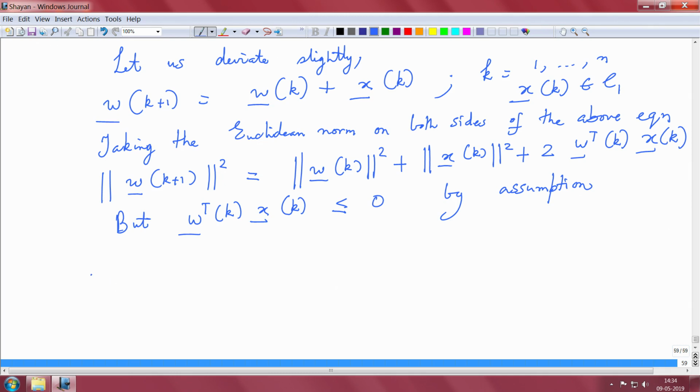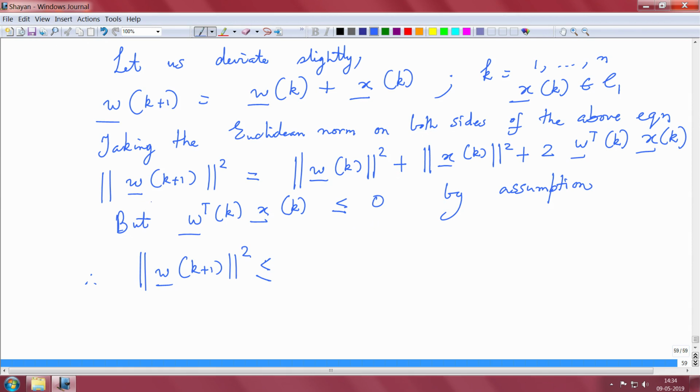Therefore, what we could write is norm W k plus 1 square is, because this is a quantity which is 0 or negative.